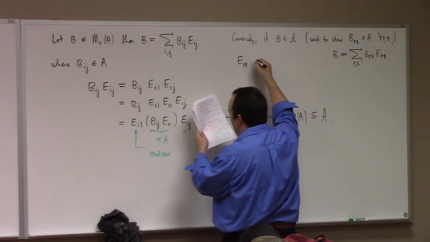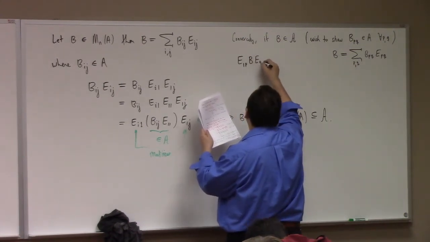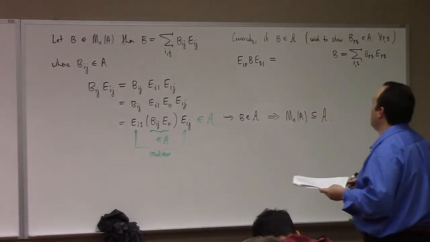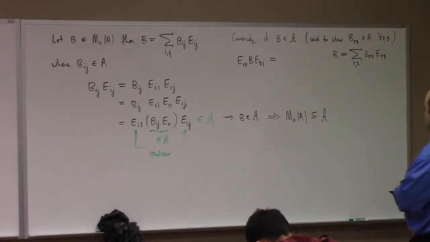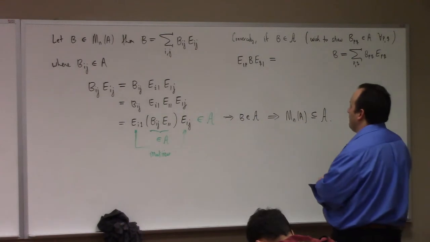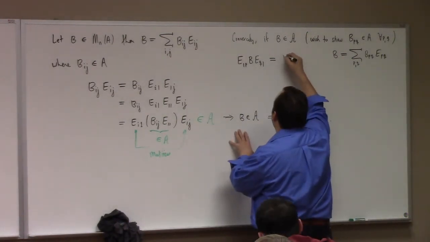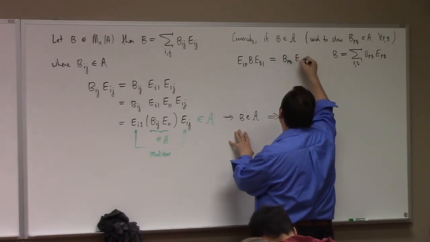If I take E_1P times B times E_Q1, what does that give me? Right, if you work it out, this gives us b_PQ E_11.